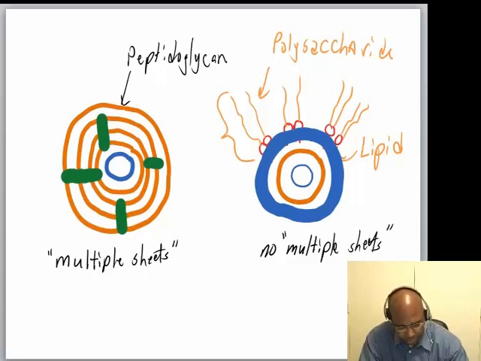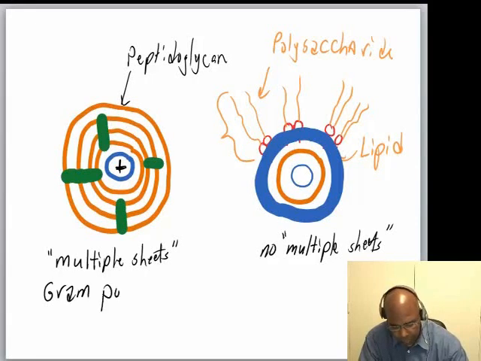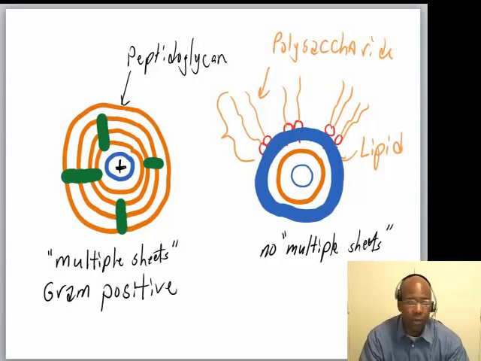Now, on the left here, these bacteria have multiple sheets or multiple peptidoglycan layers. And so these bacteria are called gram-positive because there's a stain, and that stain stains these multiple layers. They're called gram-positive because they have multiple layers.